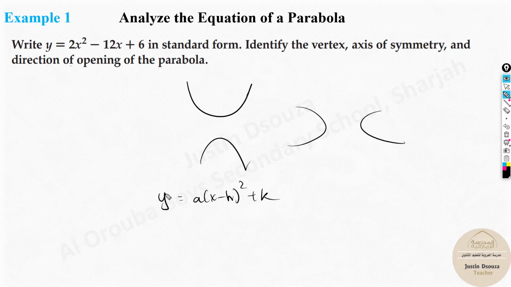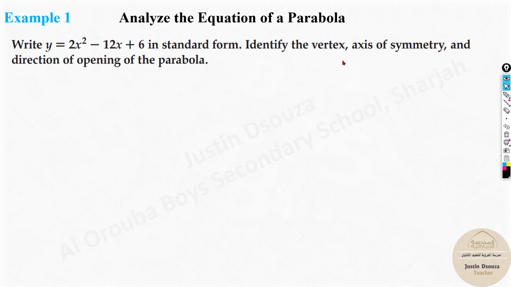Now here y will be only one power and x, no matter what, should have power 2. Now here x is having power 2. Yes, this is vertical form. If y has no power 2, then that will be in vertical orientation. Whereas if it was x alone, only single power, and y had the square, then we would have done the other orientation.